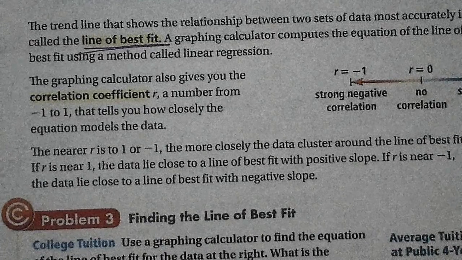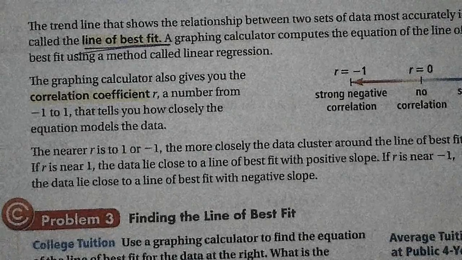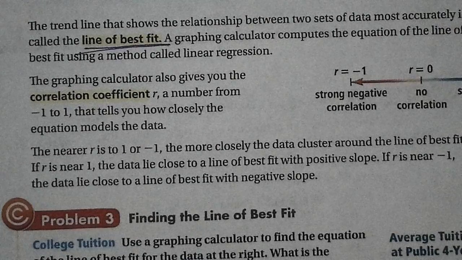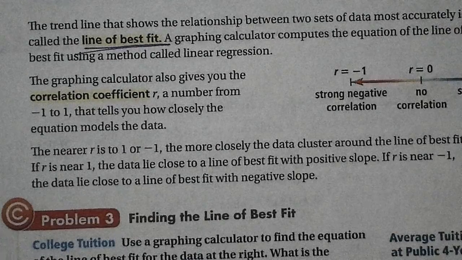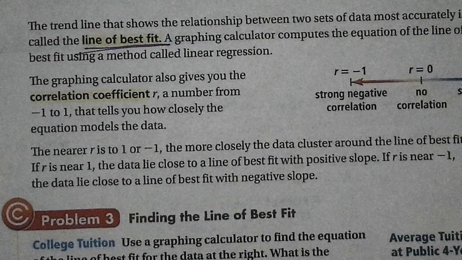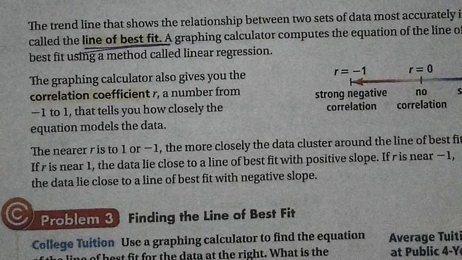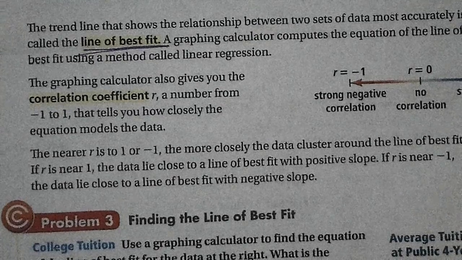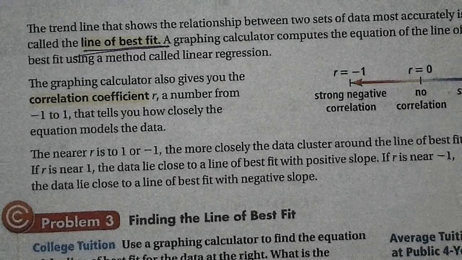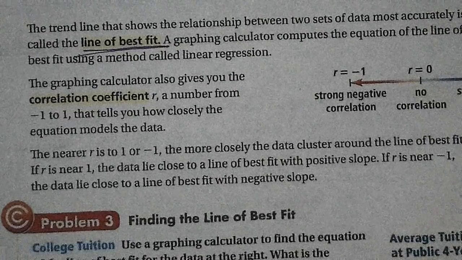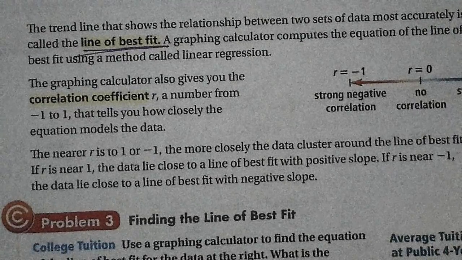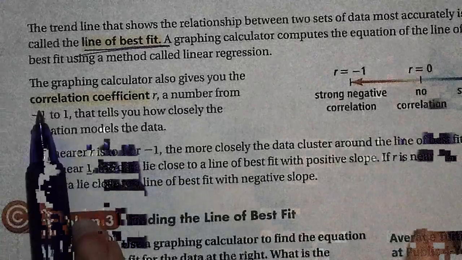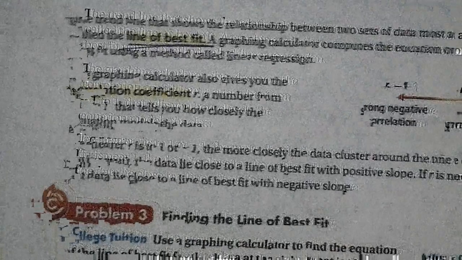fit on a calculator. The thing that you need to understand about a correlation coefficient is that the closer your dots or your scatter plot is to -1 and 1, the better the correlation is. So once we get to that Algebra Nation video tomorrow, it will explain that correlation coefficient a little bit better.